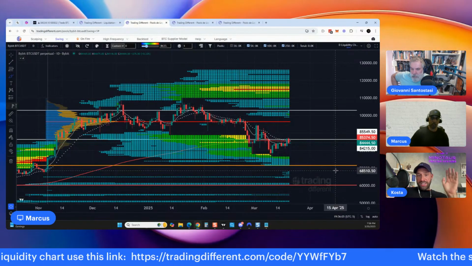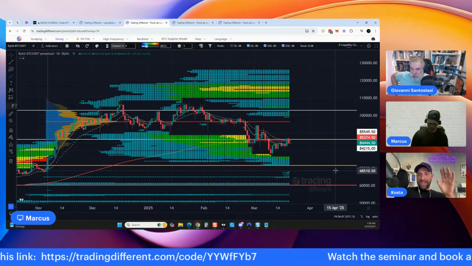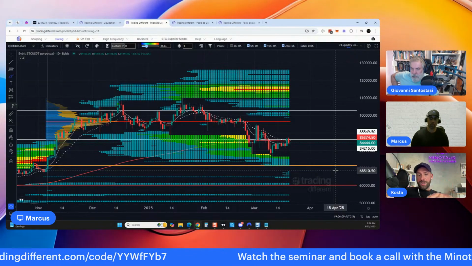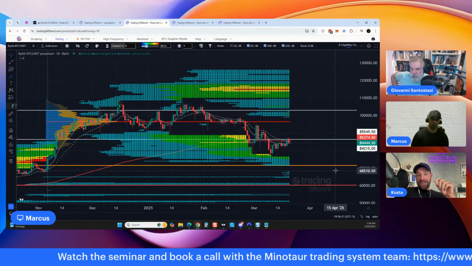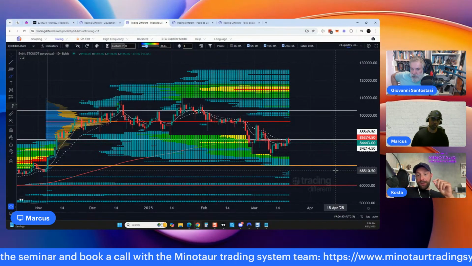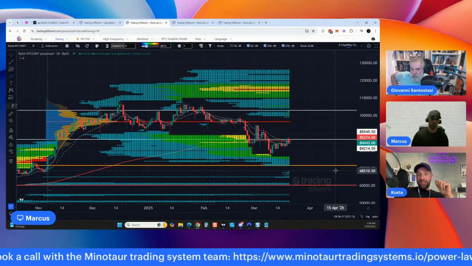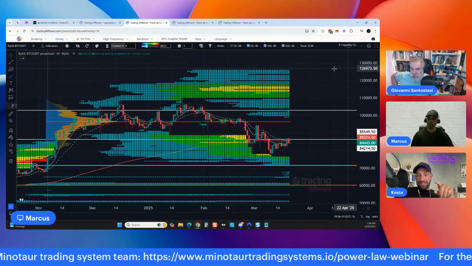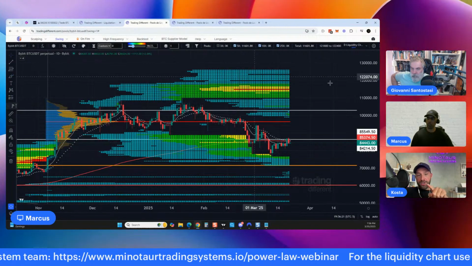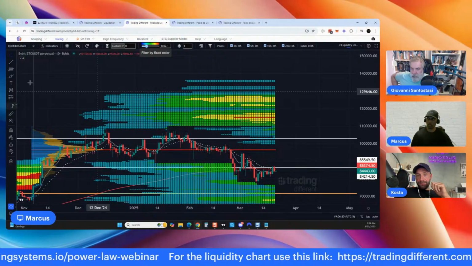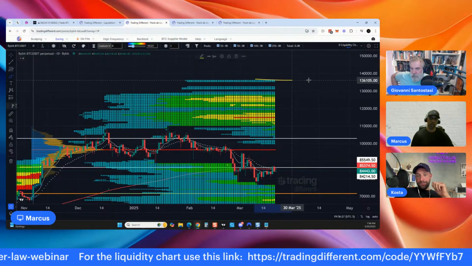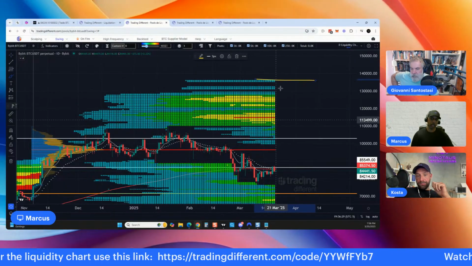It also might not. News can drive things in the opposite direction. It doesn't always take that liquidity at the bottom, but it's always going to take that top. So we could say that the minimum base case for this bull run is 130K, because that liquidity pool up at the top, Marcus, is going to get taken no matter what, right? Yeah, it's an extremely high probability that they take this.